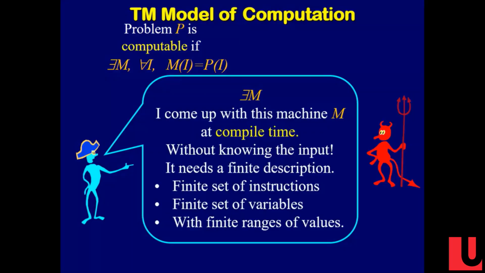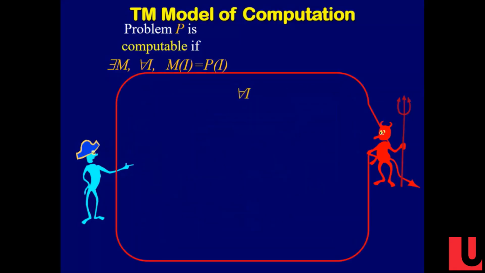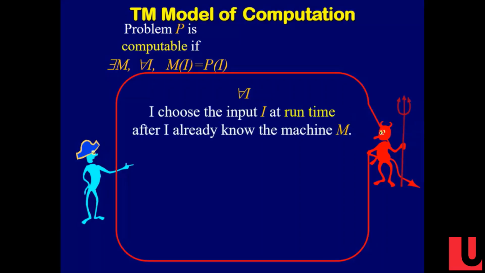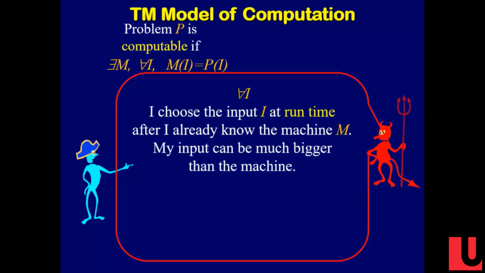Everybody good? Versus now at runtime, now I know the input. I choose the input after I know the machine, so it can be much, much bigger. At compile time, I can build this table lookup.